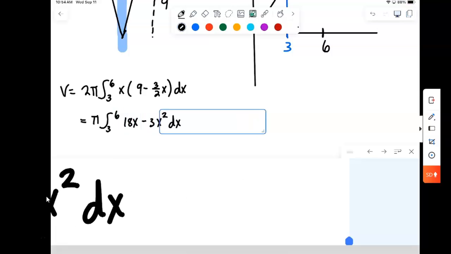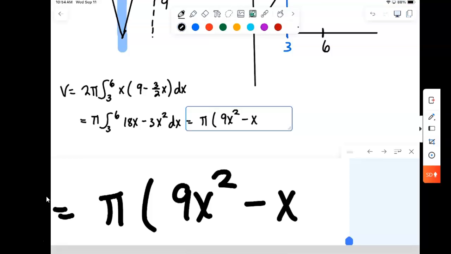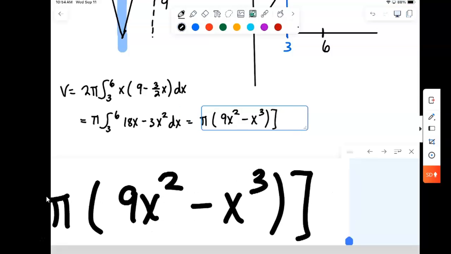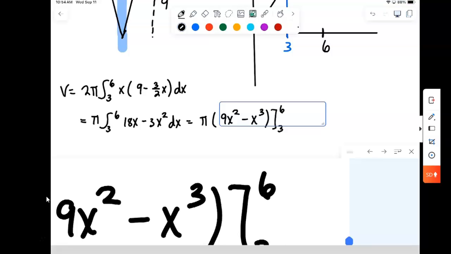And then we just do our integral. Pi times the integral of 18x will be 9x squared, and the integral of 3x squared will just be x cubed, evaluated between my endpoints of 3 and 6.